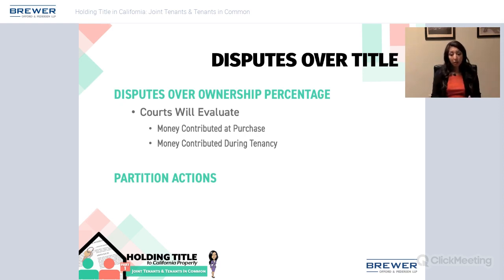And they're now trying to resolve a matter because a fight ensued and either the couple is splitting up, or the siblings aren't talking with each other, or one party needs the money and the other party doesn't, what have you. We have disputes over title now because over the years, one party has been paying more or claiming to have paid more, and they want to be reimbursed.